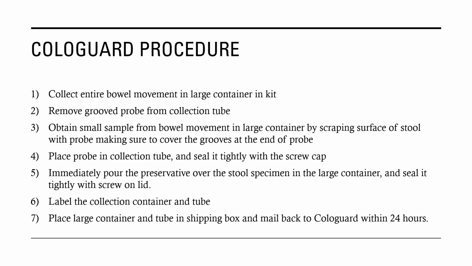Number 4, place the probe in the collection tube and seal it tightly with the screw cap. Number 5, immediately pour the preservative over the stool specimen in the large container and seal it tightly with the screw-on lid. Number 6, label the collection container and the tube. And then lastly, place the large container and tube in the shipping box and mail it back within 24 hours to Cologuard.